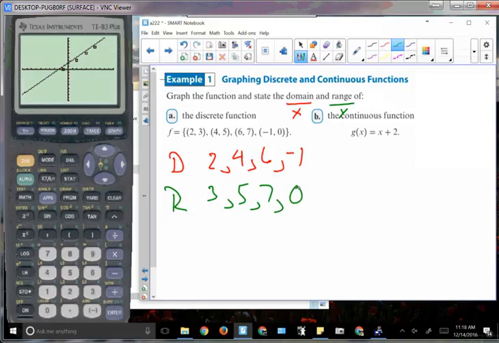What about if you have a continuous function? If you have a continuous function that is a line, the domain will always be all reals, range, all reals.